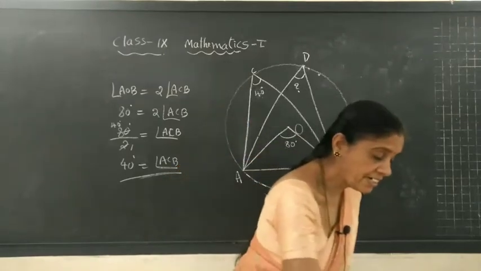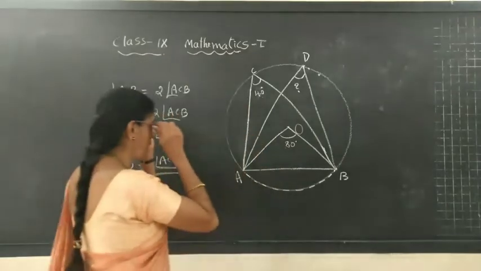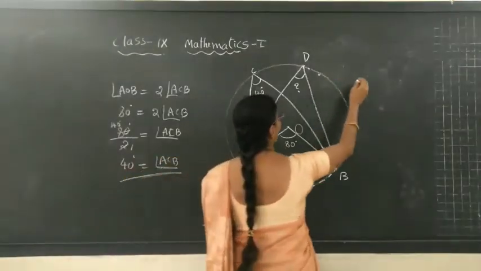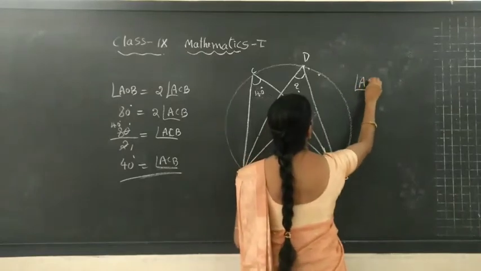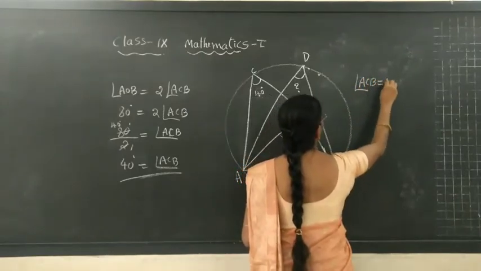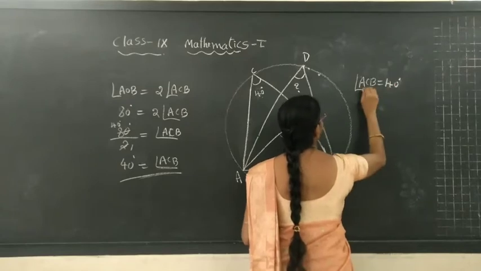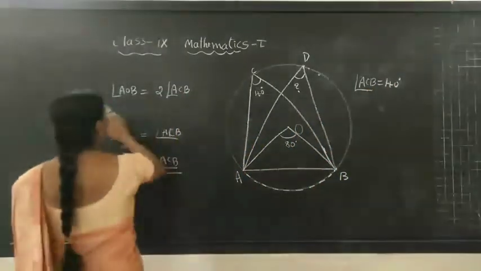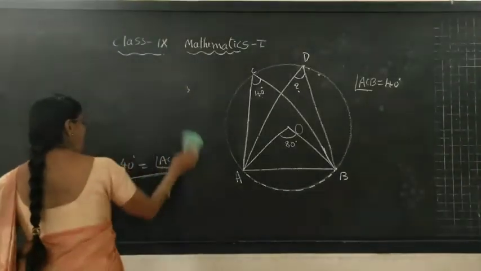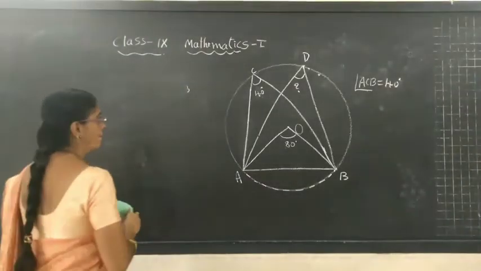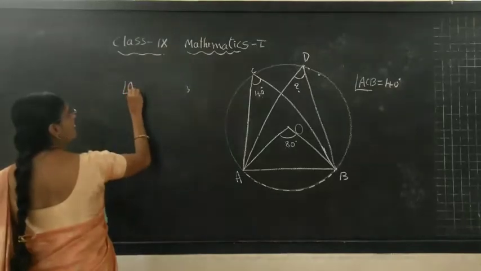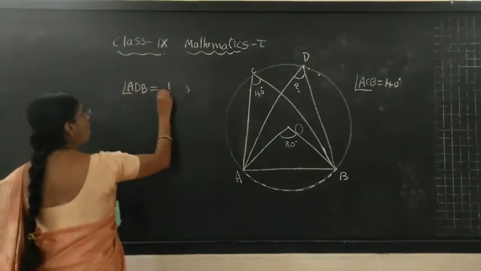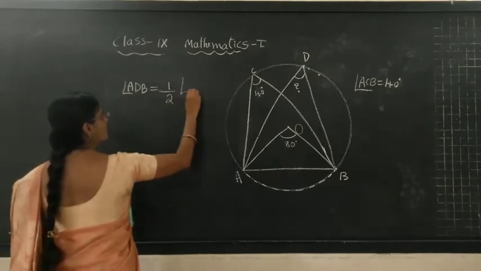So we will write that statement. We found that angle ACB is 40 degrees, right? Now what about angle ADB? Angle ADB is also half of angle AOB.